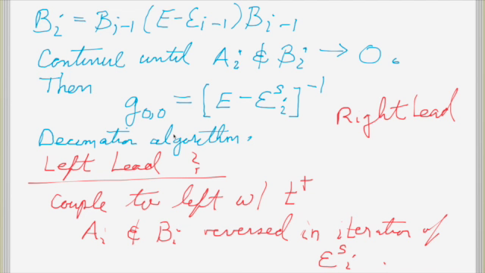These effective off-diagonal couplings were A and B, and you just iterate until those off-diagonal couplings go to 0, or something small enough that you ignore. Then your surface green function is just E minus that renormalized site energy, inverse. And you're done. This has exponential convergence, and it was first published in about 1972 by surface scientists who were interested in calculating the surface green function.